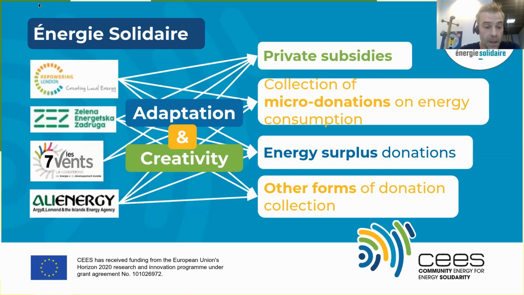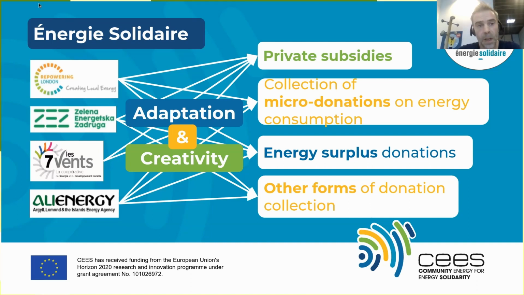And of course, Énergie Solidaire is an open source type of program. So everything that we do is available to anyone who wants to reproduce it. So within CEES, the consortium, we have Repowering London, CEES, Les Sept Vents, and Ali Energy that are interested in implementing some kind of what Énergie Solidaire does. Of course, it has to be adapted to their different contexts, possibilities, and of course where it makes sense.